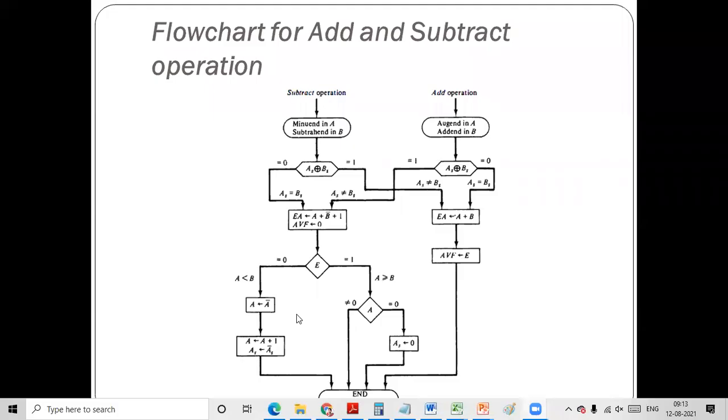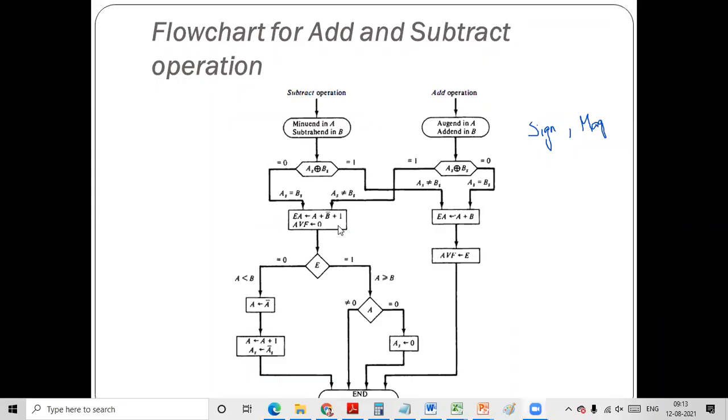Okay, so coming back to our class, last class we have seen addition and subtraction algorithm on sign magnitude data. What you have observed in sign magnitude data is that the sign and magnitude need to be considered separately for operation.